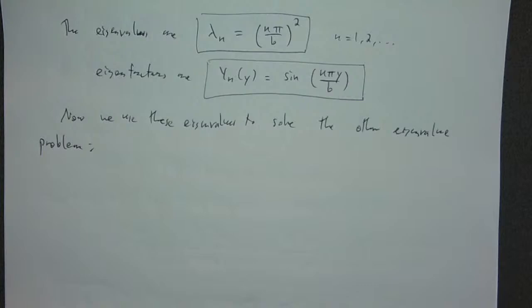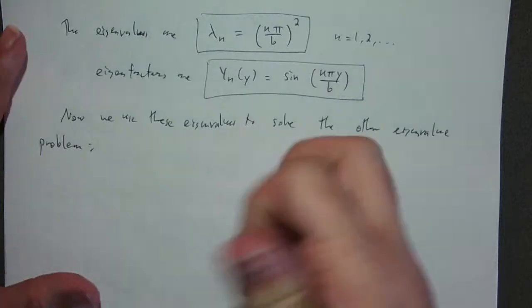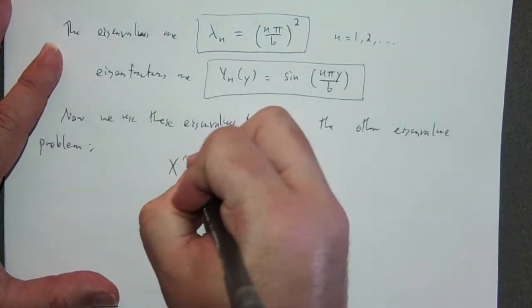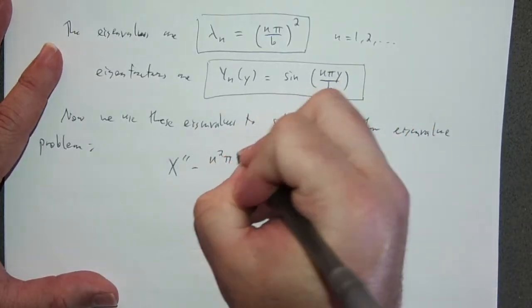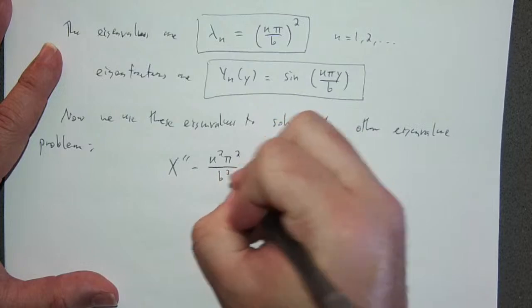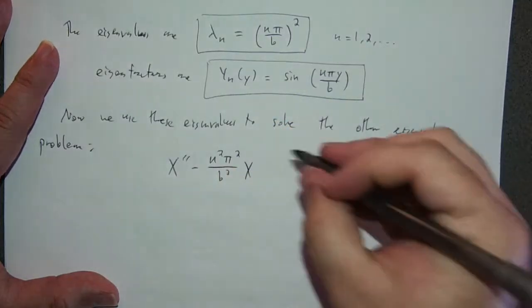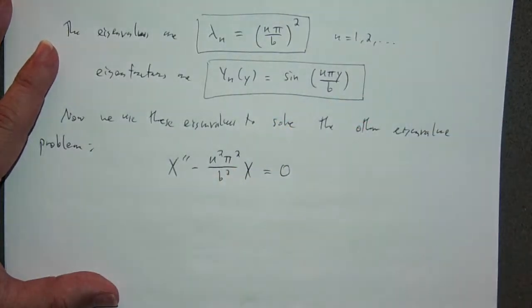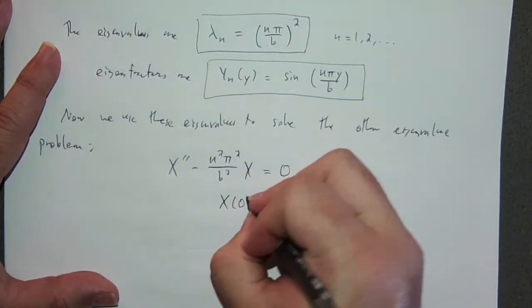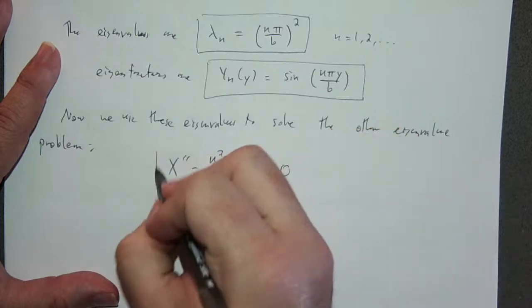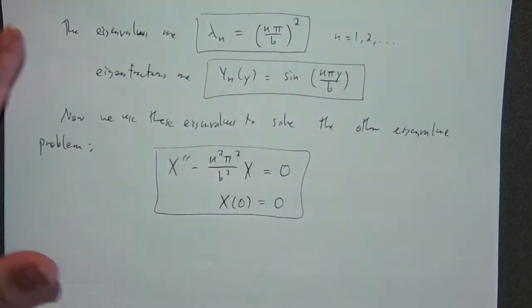This eigenvalue problem becomes X double prime minus n squared pi squared over b squared X is equal to 0, with that single homogeneous condition, X of 0 is equal to 0. So this is what we're solving.